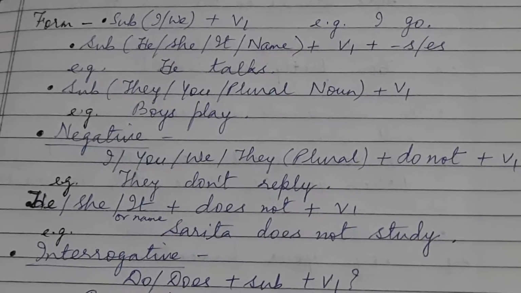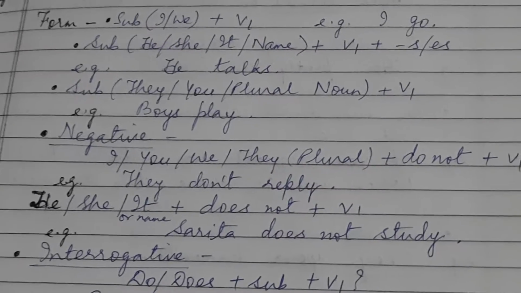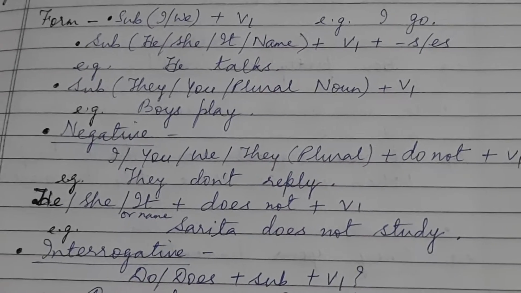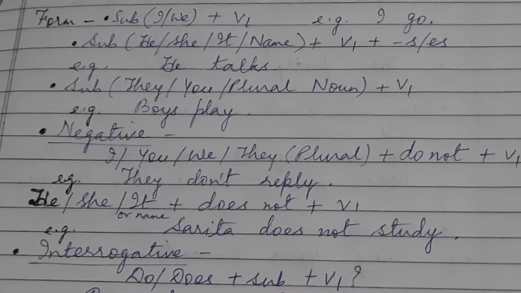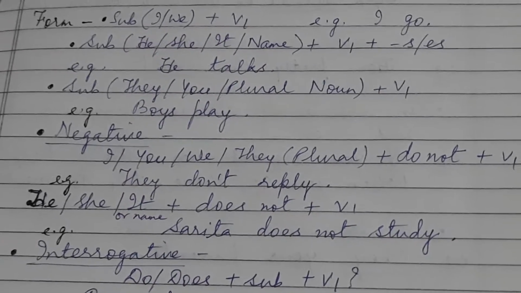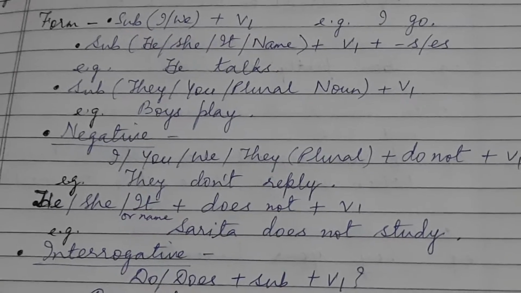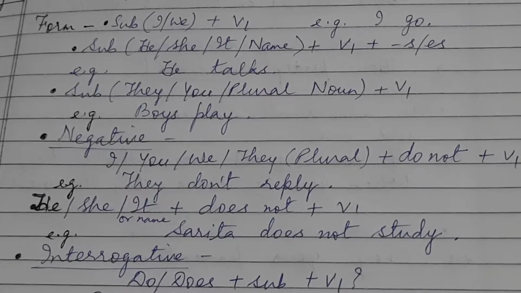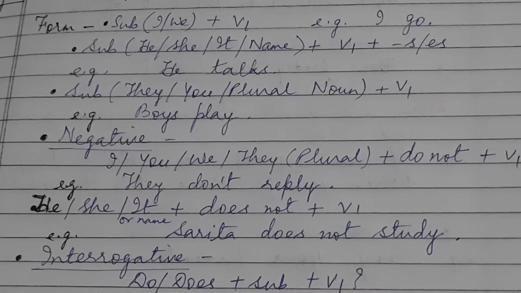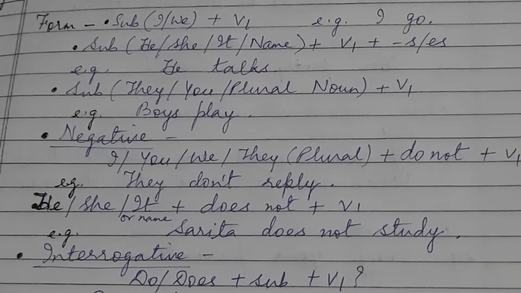I is used for singular number and we is used for plural number. So with a singular or plural subject, we use the first form of the verb. For example, I go. So I is a subject and go is the first form of the verb.